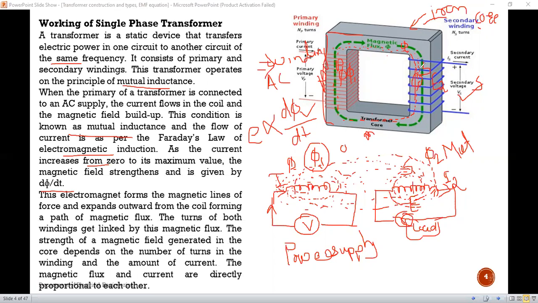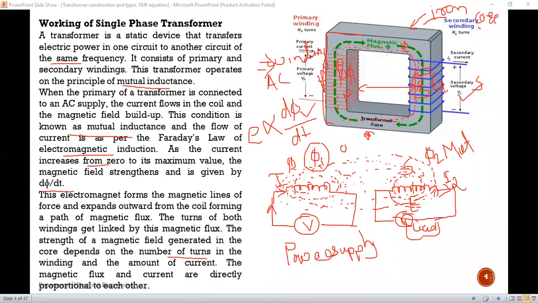In that situation, these two coils, the primary coil and the secondary coil, are linked with each other, magnetically coupled with each other. The strength of the magnetic field generated in the core depends upon the number of turns in the winding.